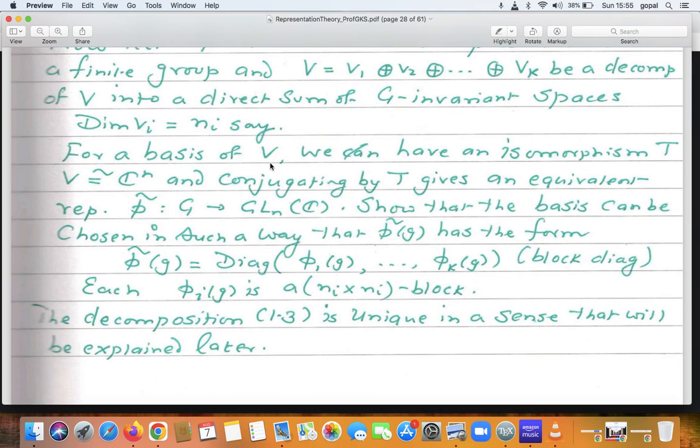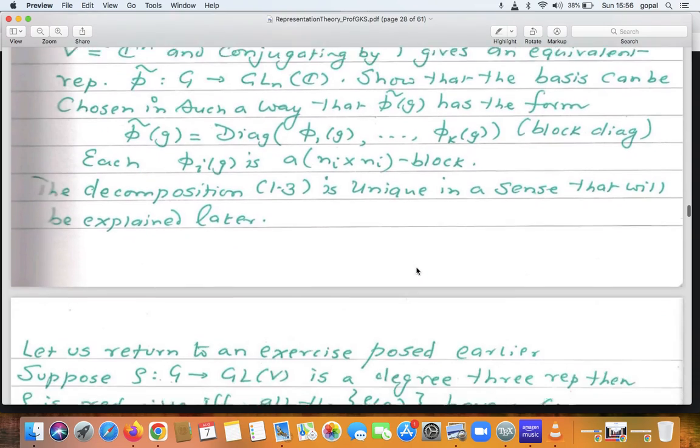As I said, if you have something which breaks off into pieces, V1 direct sum V2 direct sum Vk, where each Vj is G invariant, take a basis of Vj and string them together to get a basis of V, and the matrices of phi with respect to the basis will be block diagonal matrices. So that's the idea.